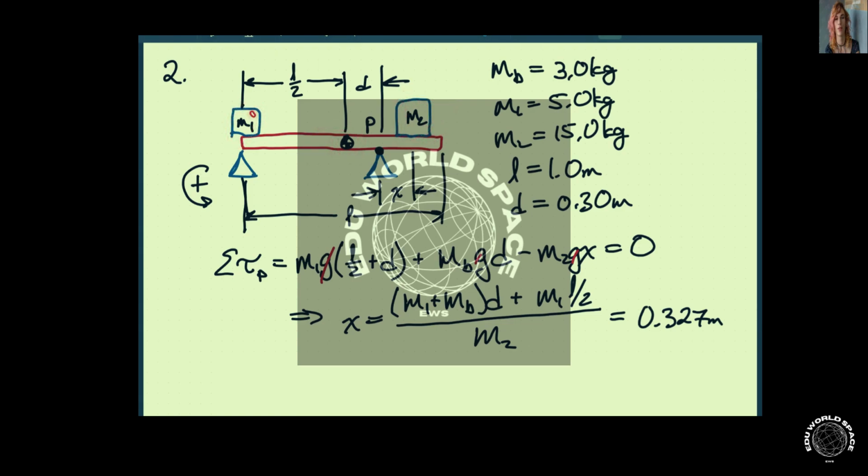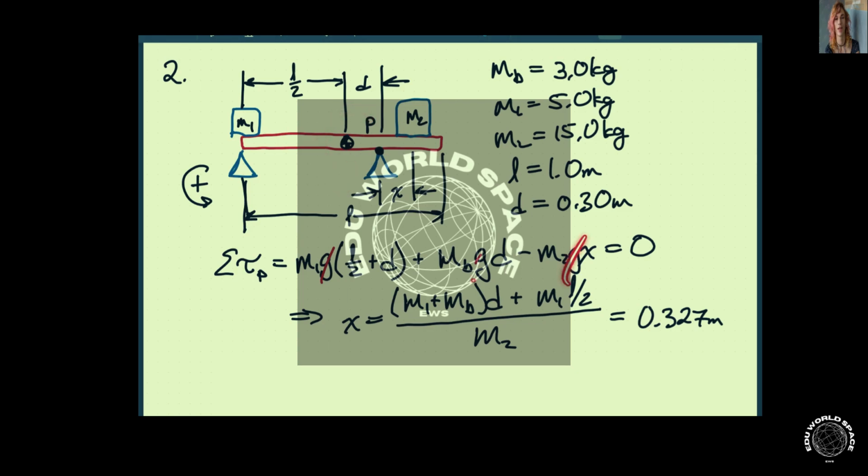This mass here has a moment arm of d + L/2. The moment arm of the beam itself about this pivot is d, and then the moment arm here is x. Again, I'm taking counterclockwise to be positive.